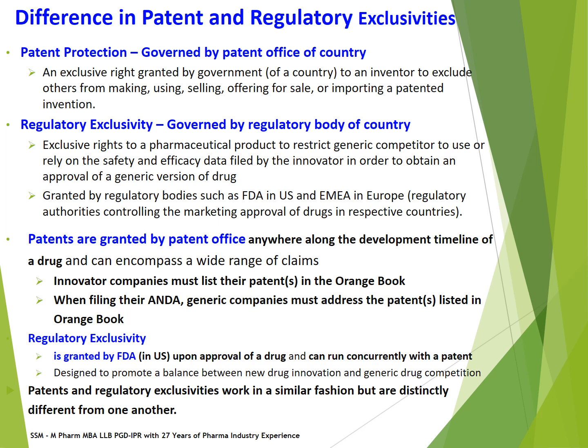Regulatory exclusivity is granted by regulatory bodies such as the FDA in the US and the EMEA, European Medicines Agency, in Europe. And these are regulatory authorities controlling marketing approval of drugs in their respective countries.